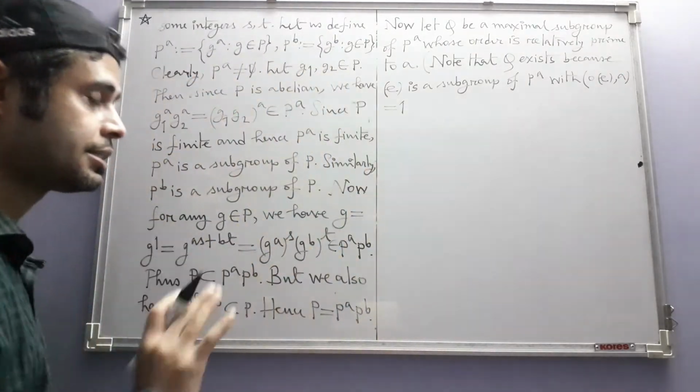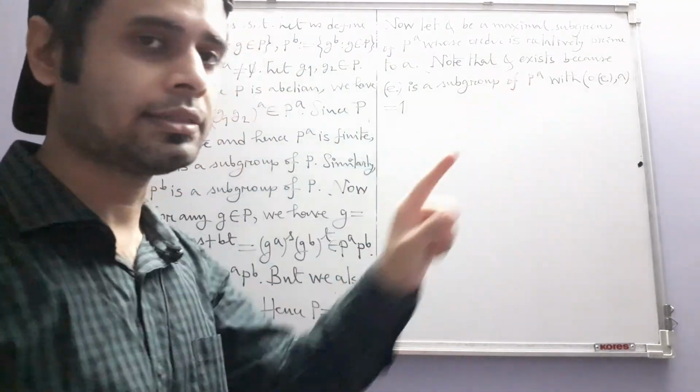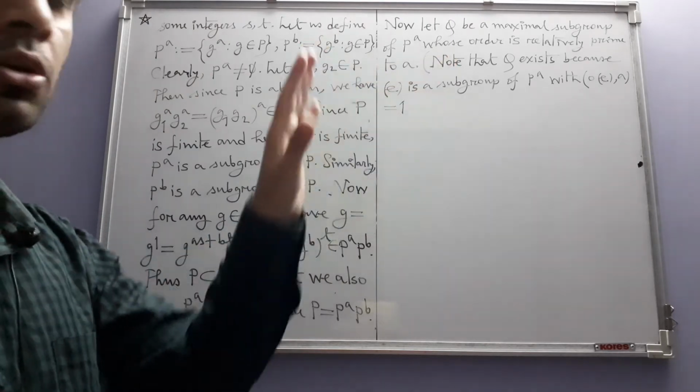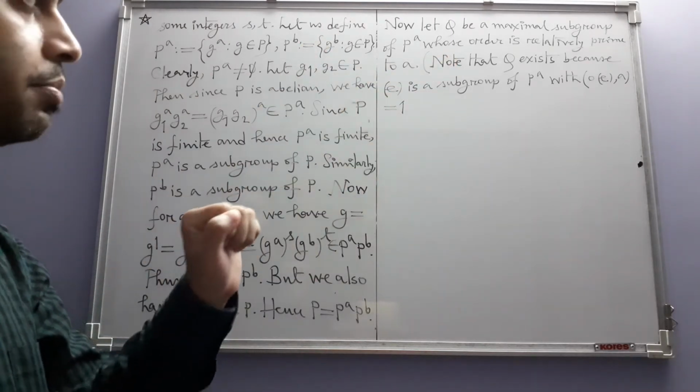And okay, so what does it mean? It means that PA has at least one subgroup whose order is relatively prime to A.